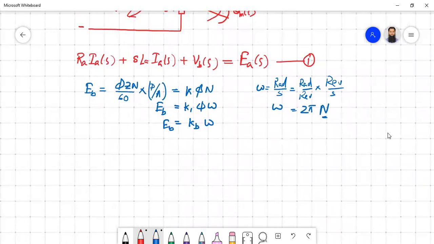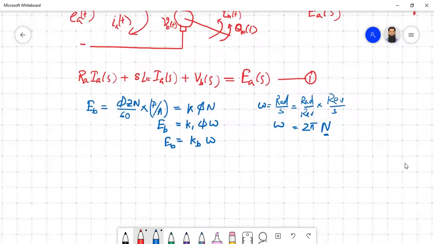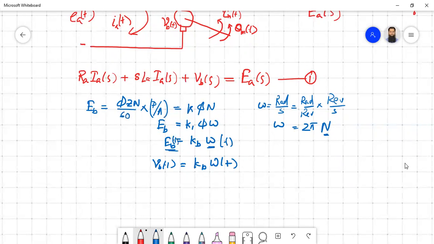According to this diagram of the motor, V_b(t) will be equal to k_b omega(t). We just change the names and put time variables here because we are talking about the transient, dynamic nature.